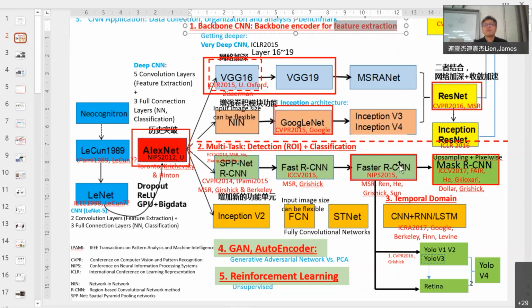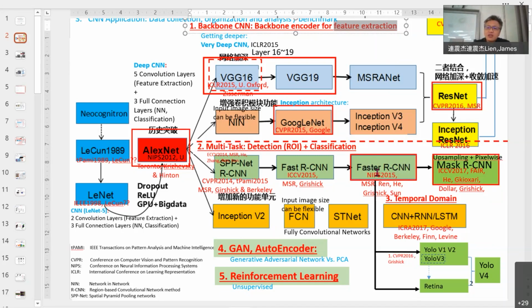So what will you do? We will try to do the decoder. For the Faster, we are not only thinking about the encoder, we also need to decode, because we want to detect the object at the original image.